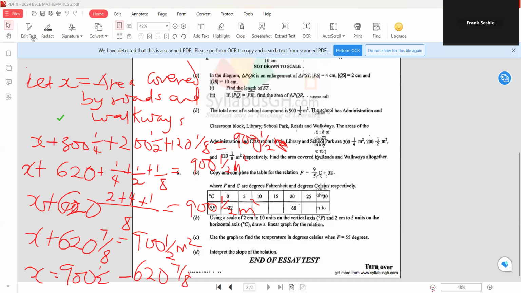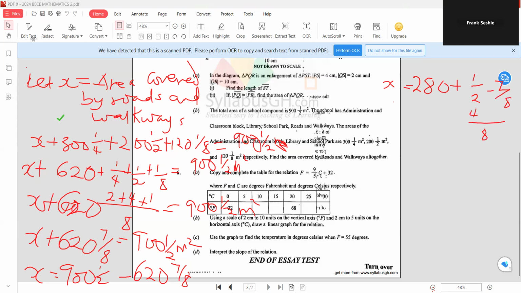Okay, so in that case, I'm going to have 900 minus 620, and that's 280. And then I'm going to subtract 7/8 from a half.